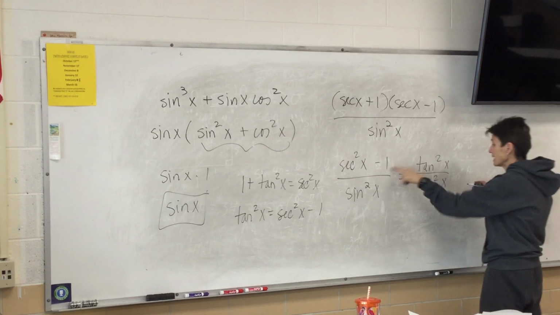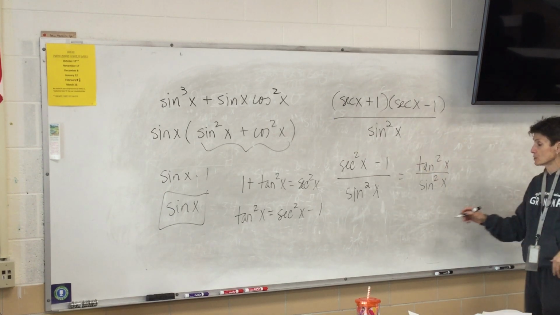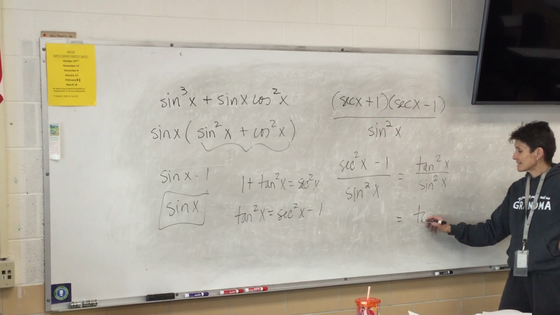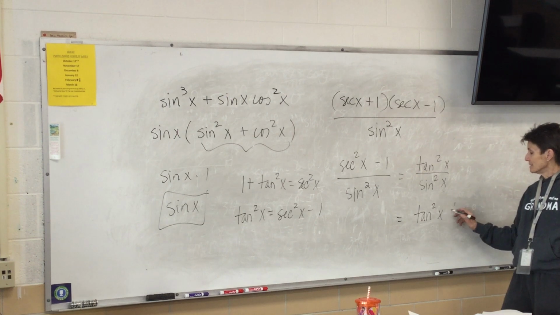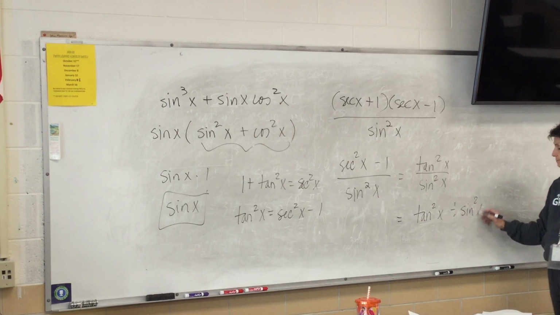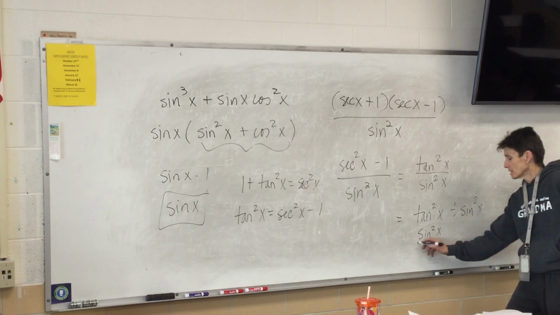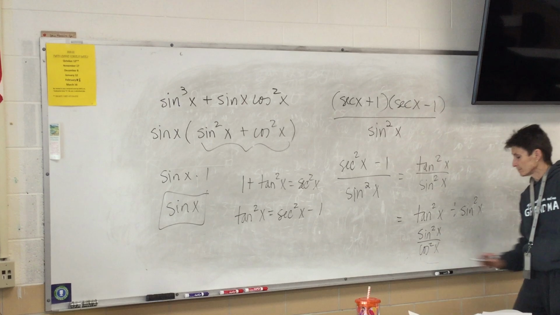Okay, so I changed that, so now I've got tangent squared over sine squared. Well, now wait a minute. That's tangent squared divided by sine squared. But tangent squared is sine squared over cosine squared.